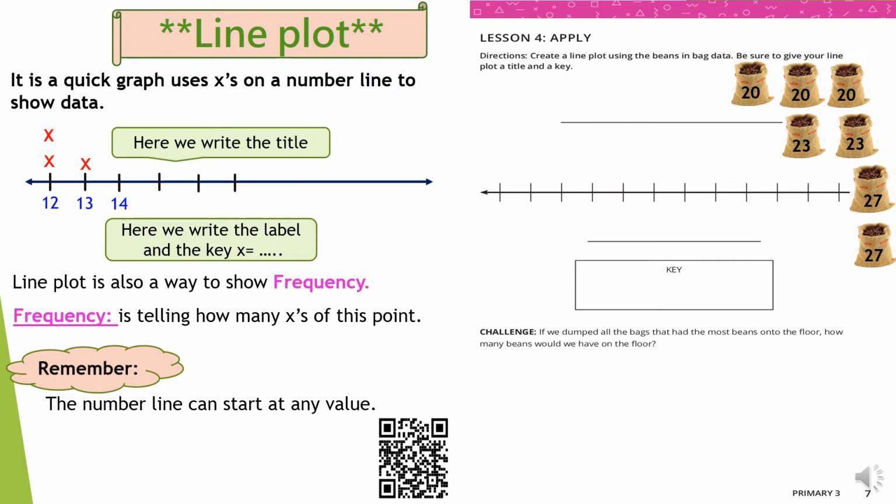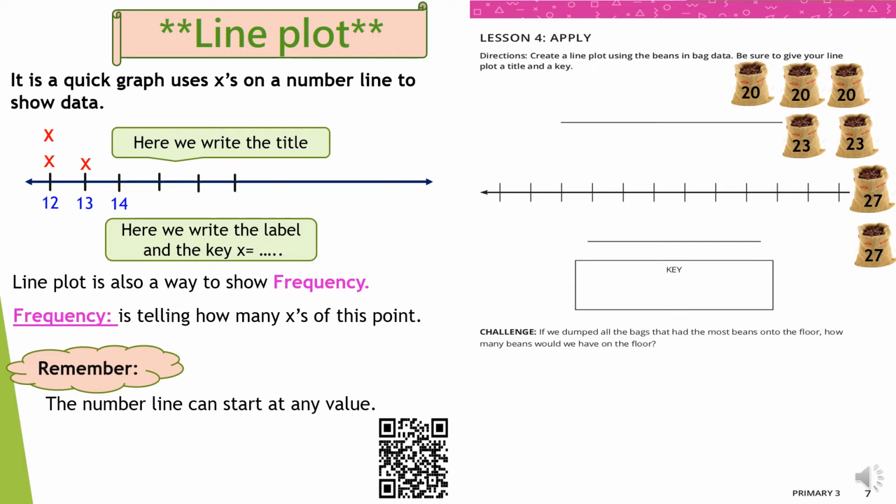We counted the beans inside the bags, and we found that 3 bags each contain 20 beans, 2 bags each contain 23 beans, and 2 bags each contain 27 beans.